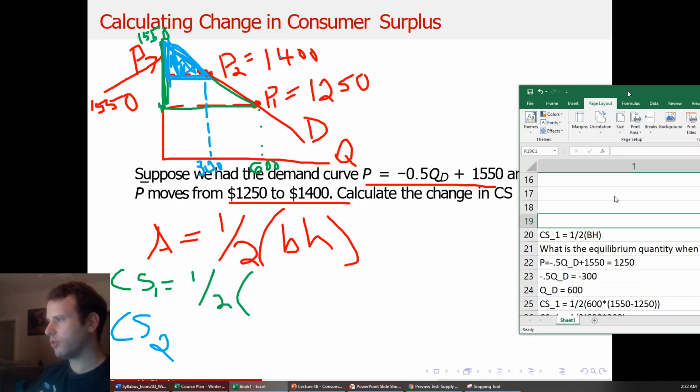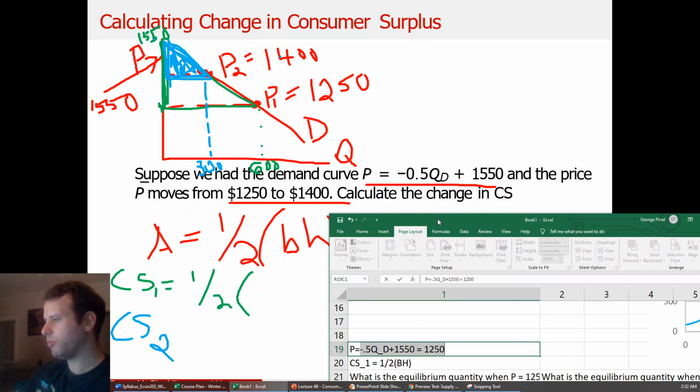So let me just rewrite the problem in here. P equals negative 0.5 QD plus 1550. What is the change in consumer surplus when P star goes from 1250 to 1400?